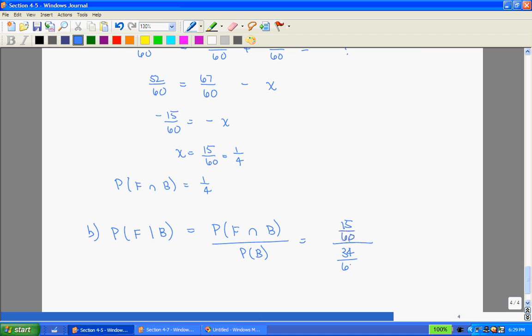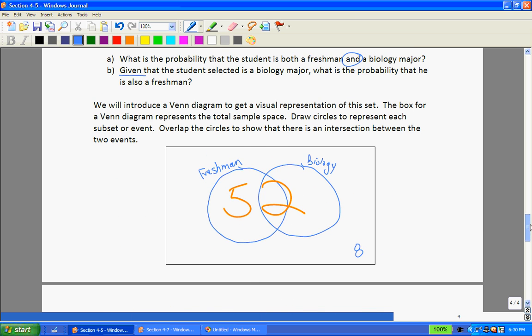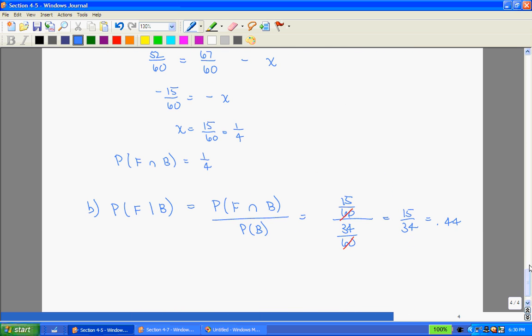A quick way to reduce is just to cancel the denominator since they're both exactly the same. That's 15/34, or 0.4412 if you take it out to 4 places after the decimal.